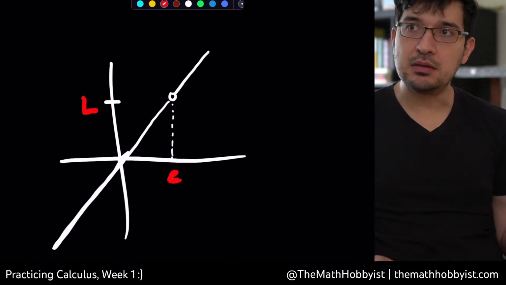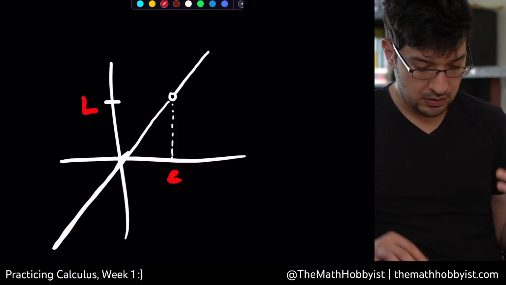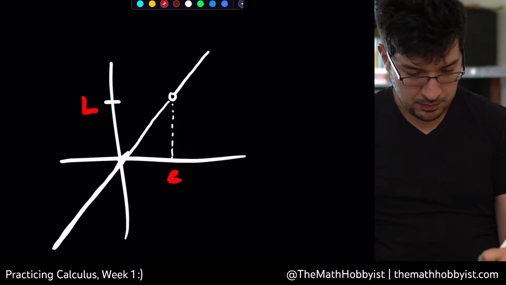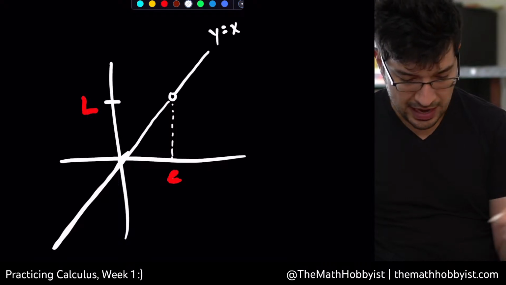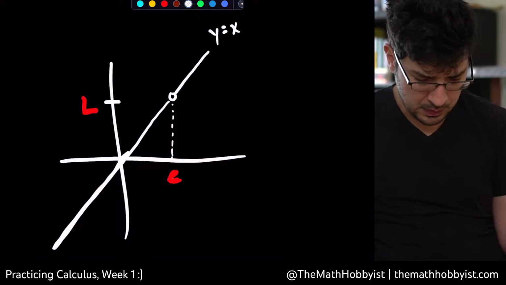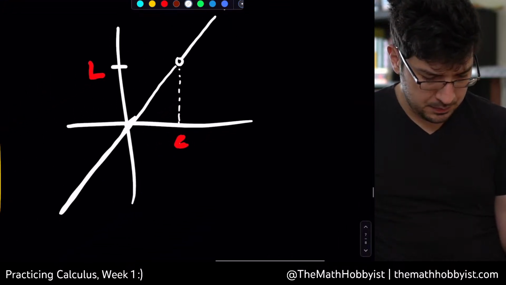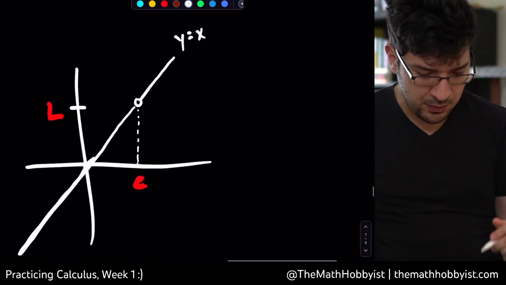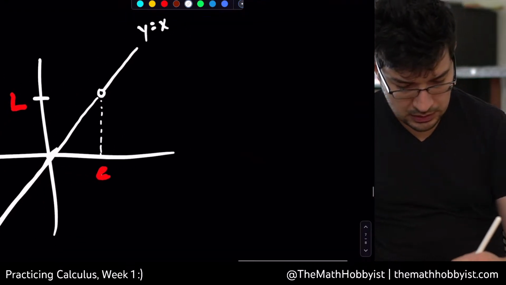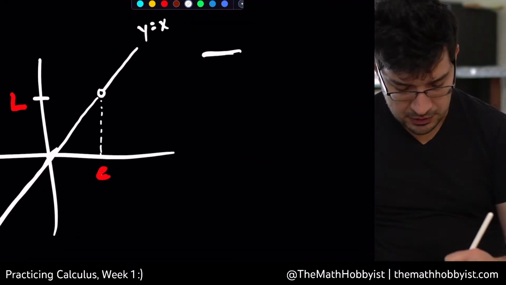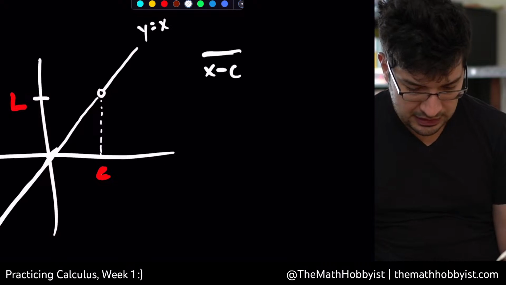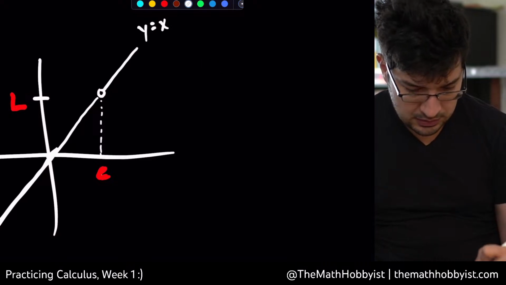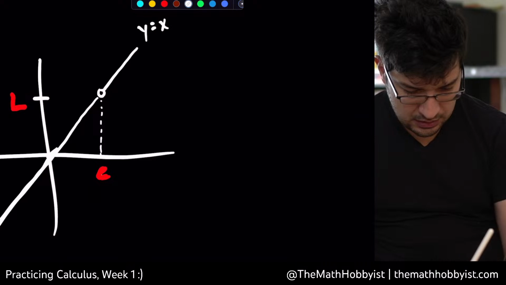How do we build a function that looks like this? Well, maybe this is just the trusty old y equals x line everywhere except for that one point. We can make a function undefined if we have x divided by c. Yeah, whatever.